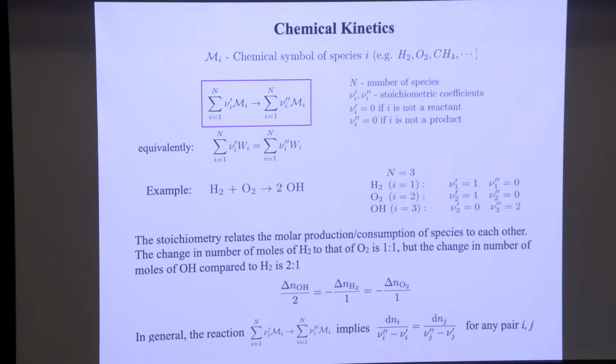dNi divided by the change in the stoichiometric ratio, nu i double prime minus nu i prime, is equal to dNj divided by nu j double prime minus nu j prime, for any pair i and j, okay?